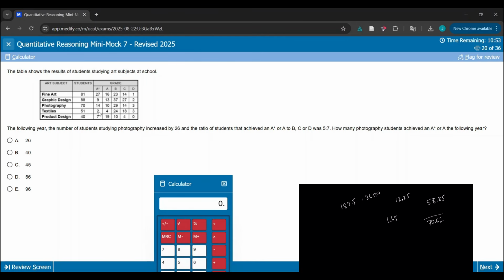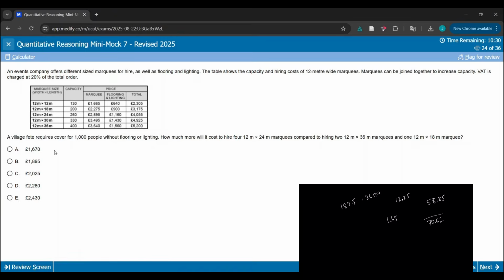How many achieved A or A start the following year? So increased by 76 divided by 12 times by 5. A or A to B, and then C to D. So, once again, let's have, okay.